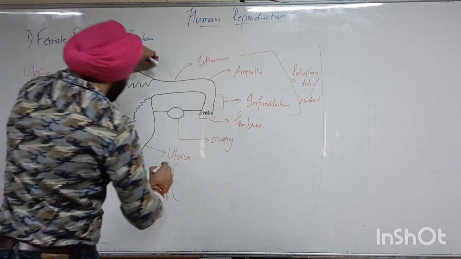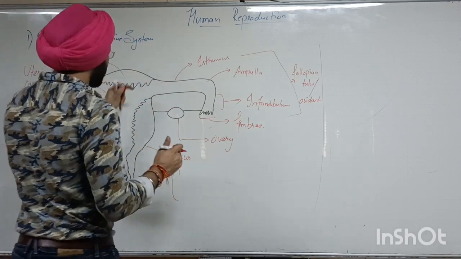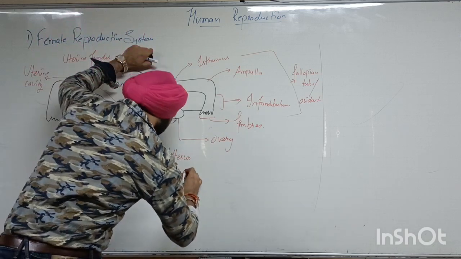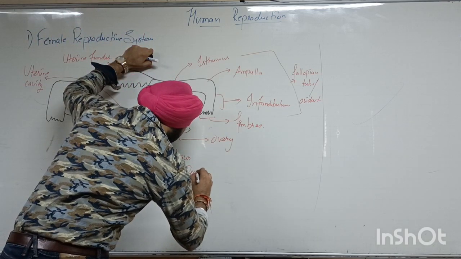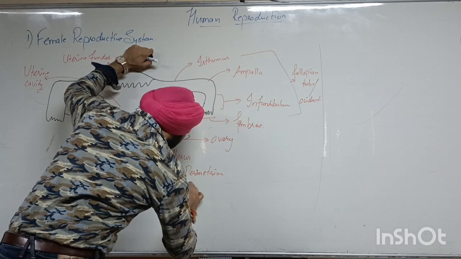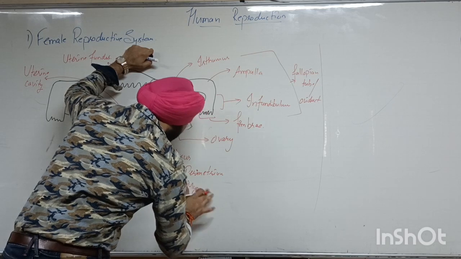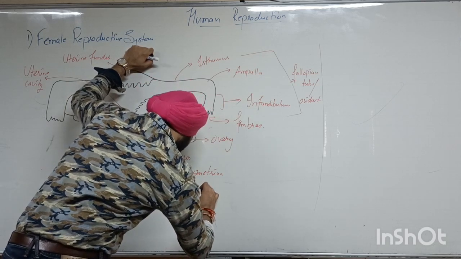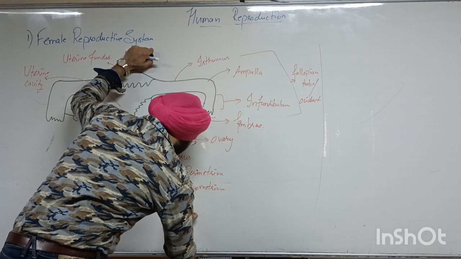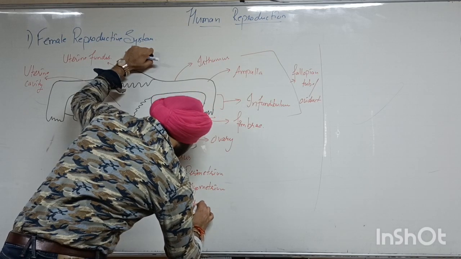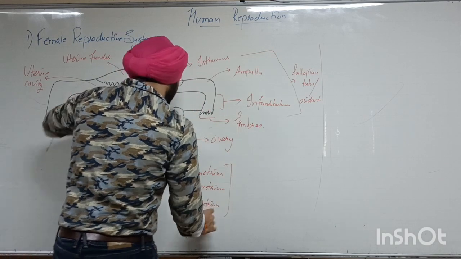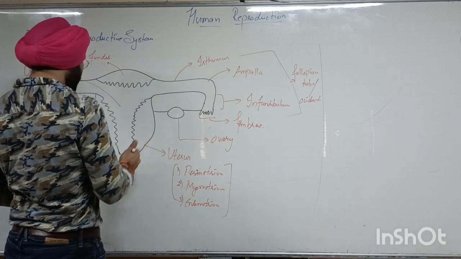They are as follows. The outer layer is known as perimetrium. The second, middle one is myometrium. As you understand, myo means muscle. The third one is endometrium. So there are three layers of the uterus.